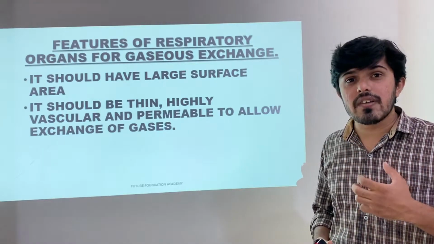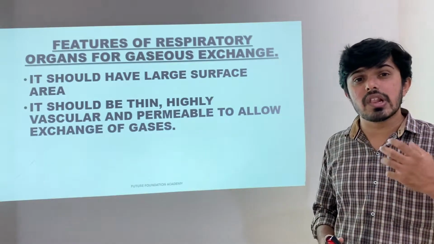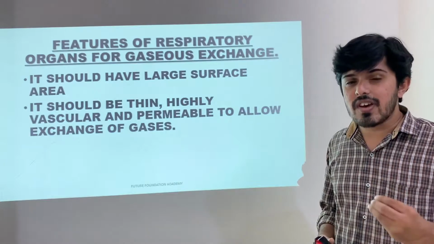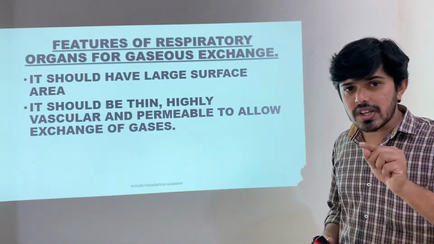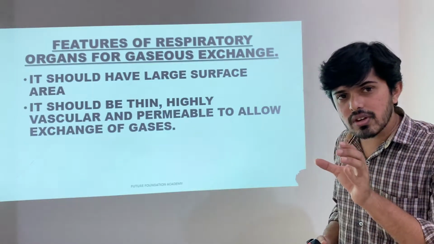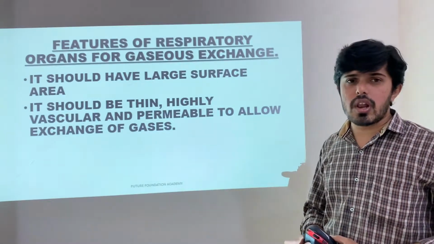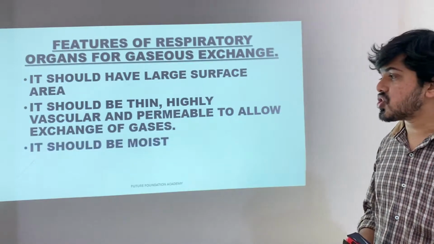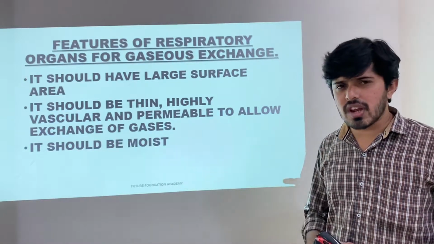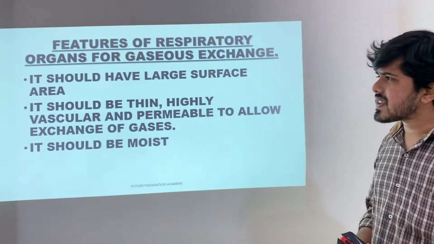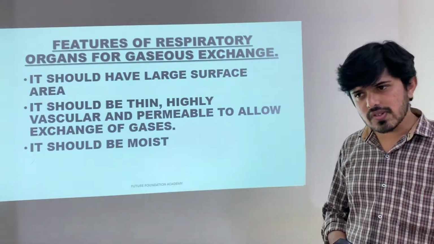For example, our lungs are highly vascular because they are provided with a large number of blood vessels. Vascular means blood vessels, so that exchange from the respiratory organ to the blood vessels can easily take place. It should be permeable to allow exchange of gases. And it should be moist to prevent drying and desiccation of the cell. So these are certain features of respiratory organs.